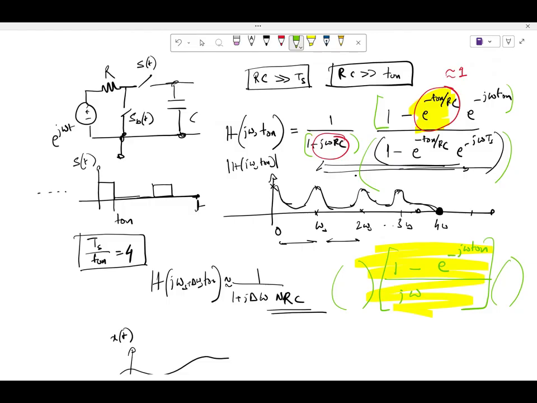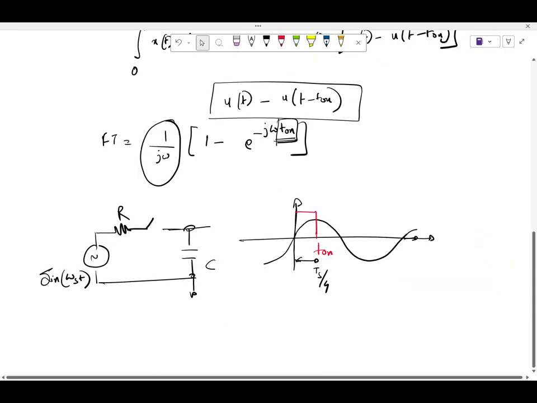The other way of thinking about it is that at omega equal to omega s, this goes to 1, so you get 1 minus e power minus T on over RC, which is T on over RC. So in the denominator you get T on, which means essentially you're averaging over T on. So that's what we are going to do.